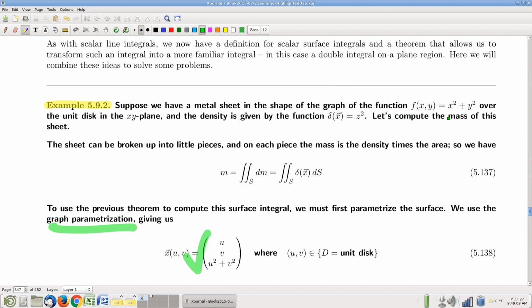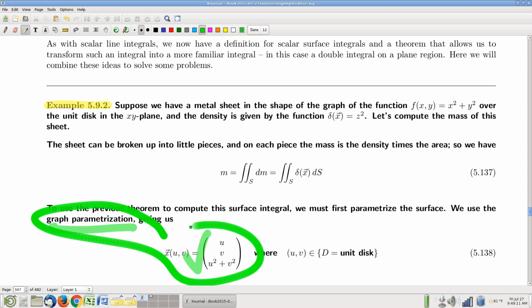Now let me just remind you how you construct the graph parameterization. This is a chapter 2 thing. We talked about it in the section on parameterizations. I don't remember what number that is.